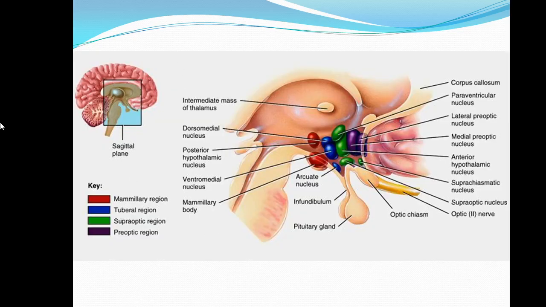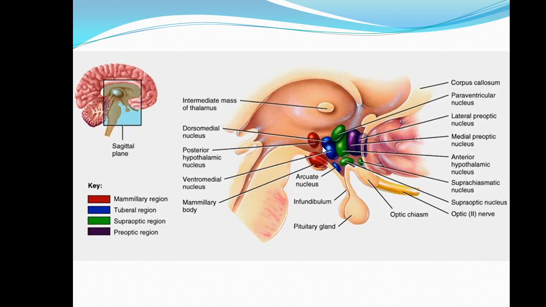Here in this diagram, you can see the various nuclei of the hypothalamus, and they have been grouped here. The red one, you can see the posterior hypothalamic nucleus, and this is the mammillary body. They are grouped in the mammillary group. Then there's this blue one, which includes the dorsomedial nucleus, the ventromedial nucleus, and the arcuate nucleus.